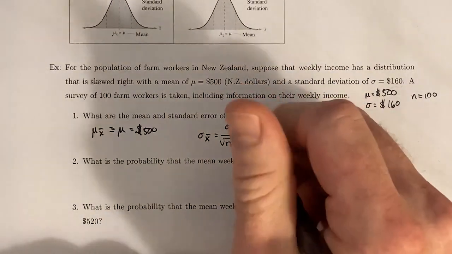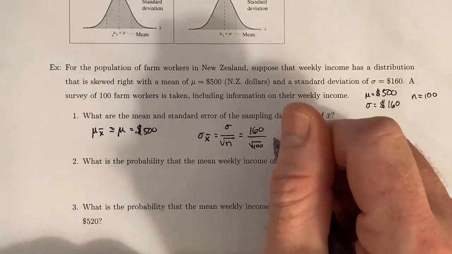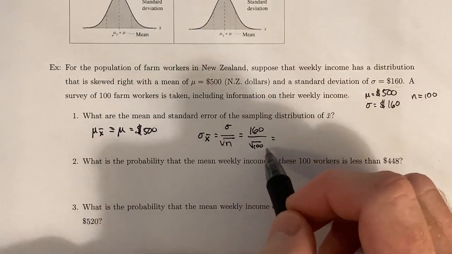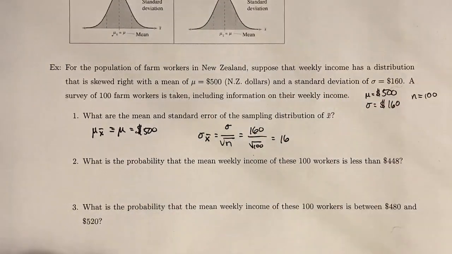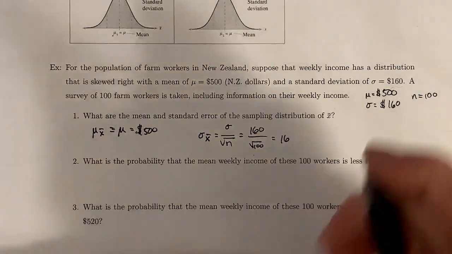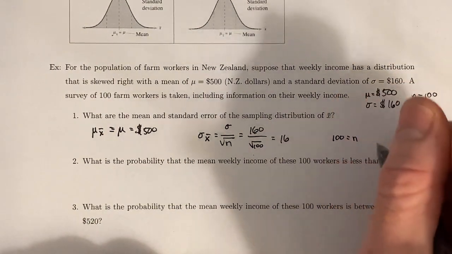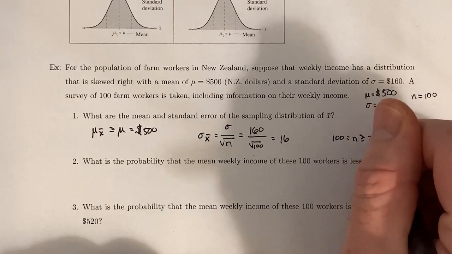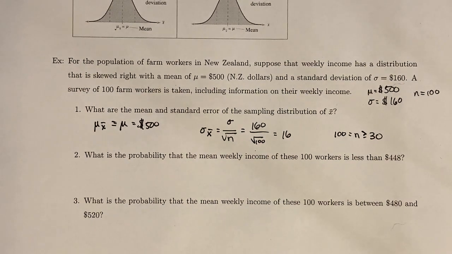So that's 160 divided by the square root of 100. The square root of 100 is 10, so we have 160 over 10, which gives us 16. One thing to notice is that 100, our n value, is greater than or equal to 30. And so the central limit theorem says that this sampling distribution of the sample mean is approximately normal.